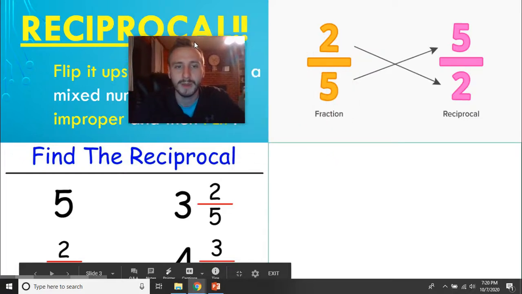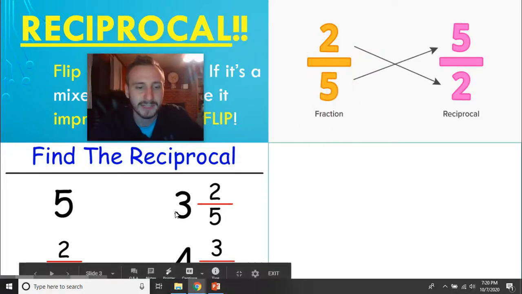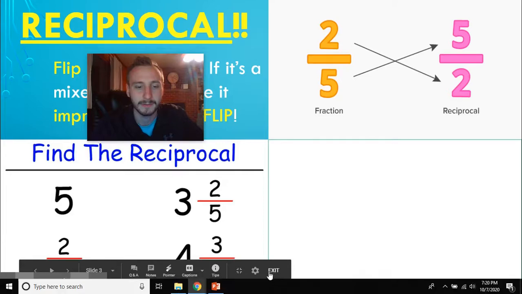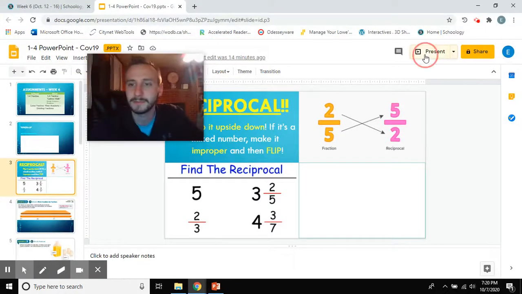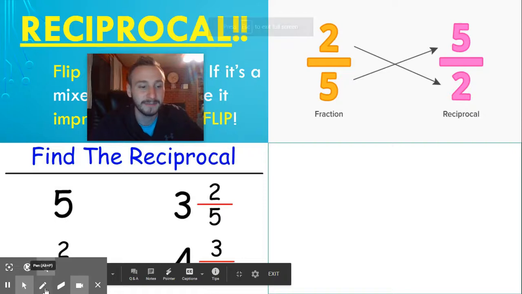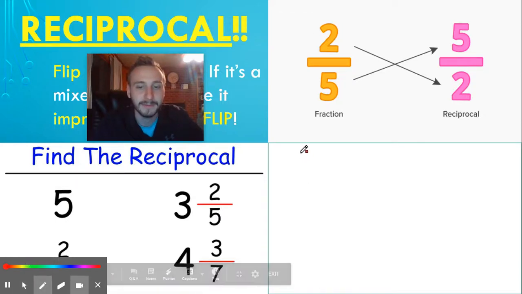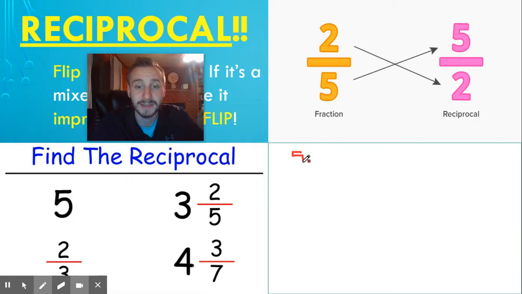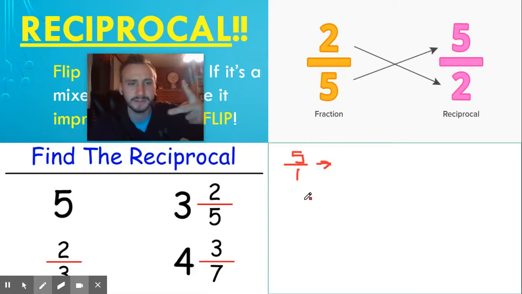Okay? So let's look at these real quick. Let's find the reciprocal of these numbers right here. So this first one's a 5. 5, remember, we can make it a fraction by saying 5/1. So the reciprocal of that, what's the flipped version of 5/1? 1/5.